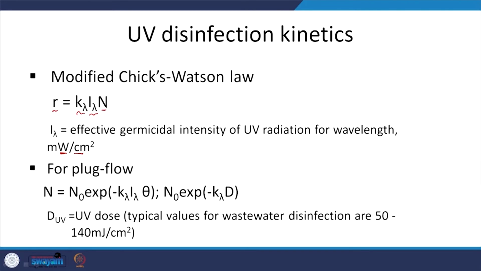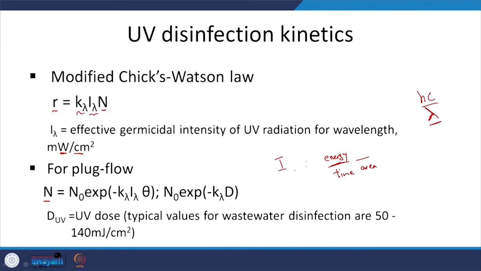And microbial concentration. I plug it into the equation for plug flow. This is what I get. And I, which is nothing but energy per time per area, right? Energy meaning, we know that hc by lambda for a photon with lambda wavelength. So that's how we can get it.